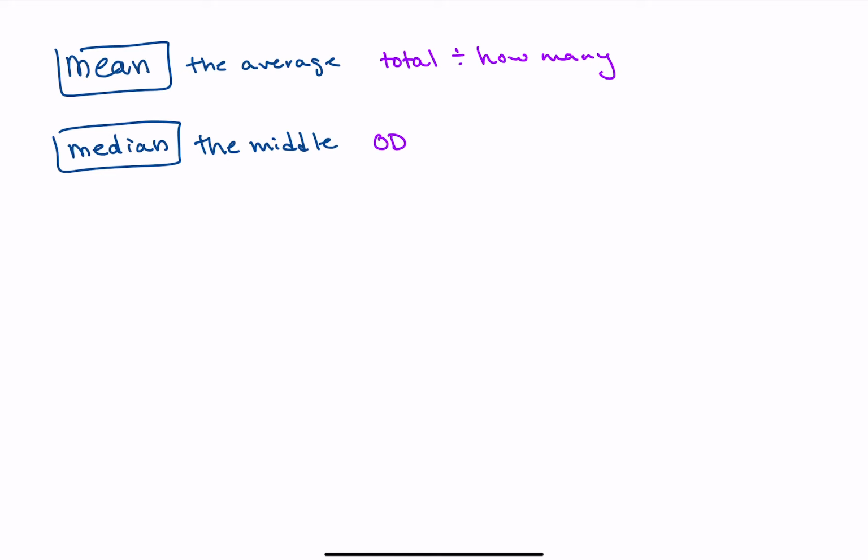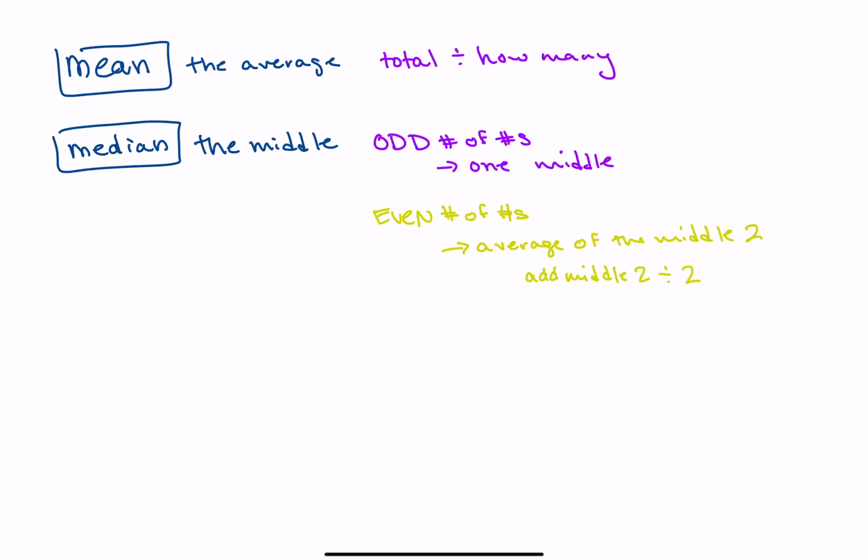If we got an odd number of numbers, then there's one middle. However, if we have an even number of numbers, we have to find the average of the middle two. So we add the middle two and then divide by 2.